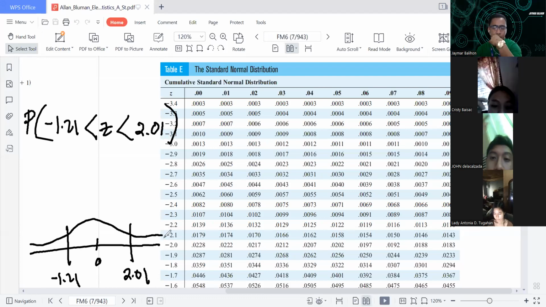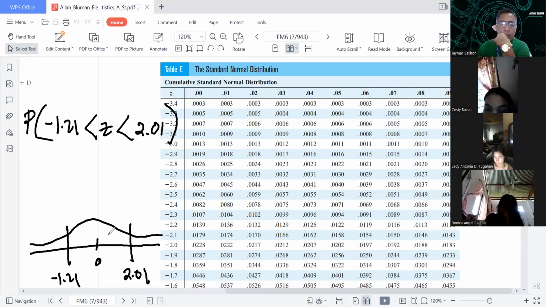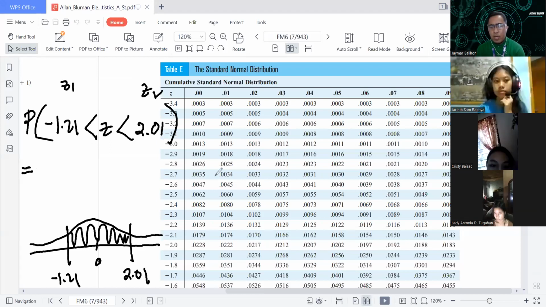Now, what does it say? Z is in between the two, so z must be somewhere here. Right? What does the formula say, class? This is your z sub 1, minus this is your z sub 2. The formula states that it is just equal to the probability of z less than your z sub 2.